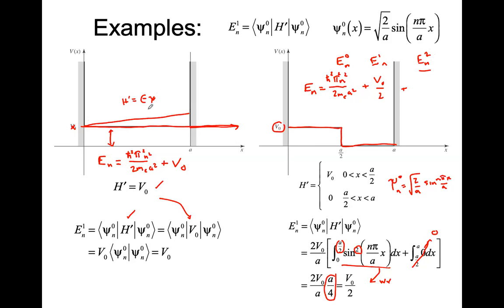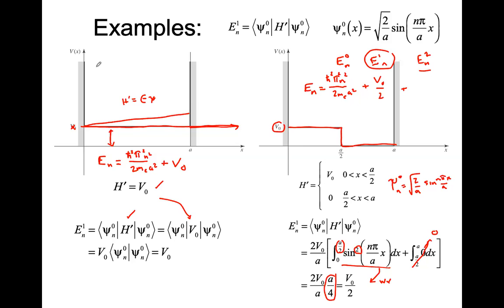If you were trying to find the first order correction to the energy eigenvalue in that case, it's not that hard a problem. You do exactly what I did here. In place of the V0, you would put a constant times x.